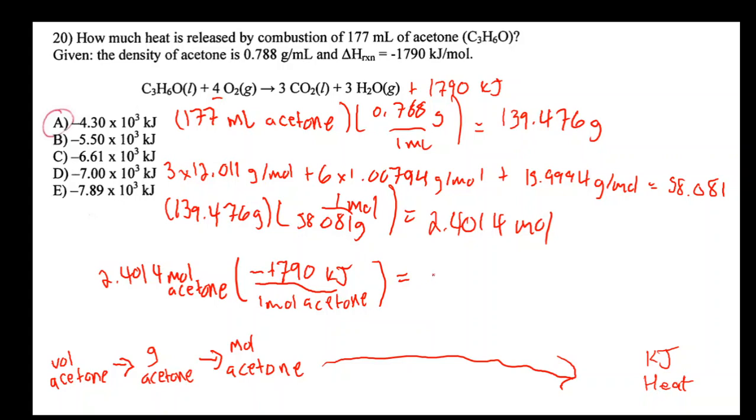Which gives us negative 4.30 times 10 to the 3 kilojoules. It actually gives 4,298.5, but then you have to round that to 3 sig figs. So that's 4.30 times 10 to the 3. That's the answer for number 20. Yep.